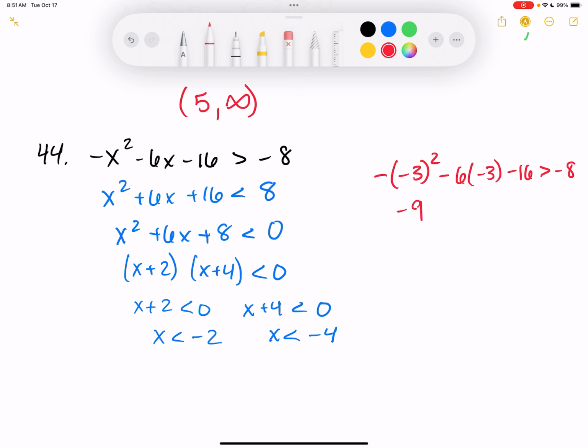So -9 plus 18 minus 16. So that's -7 is greater than -8, which is true. -7 is closer to 0, so that means I'm going with the -2 option.